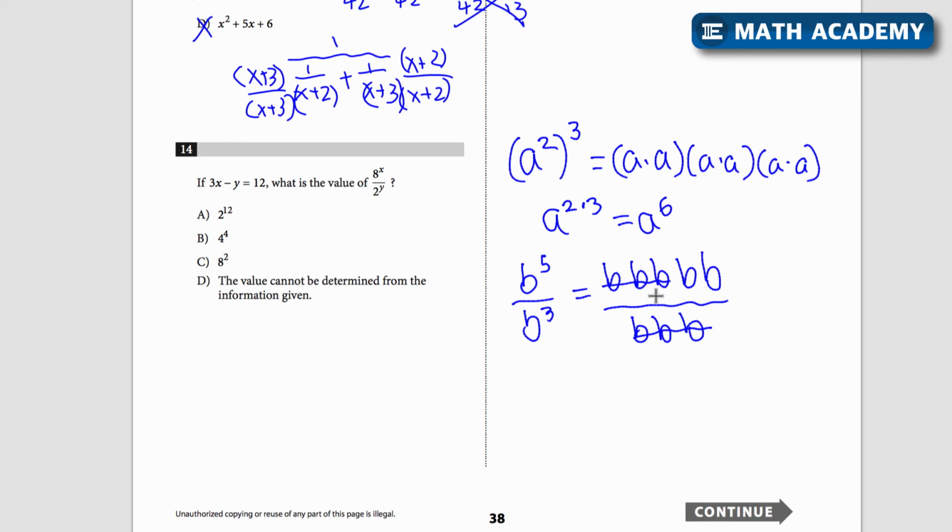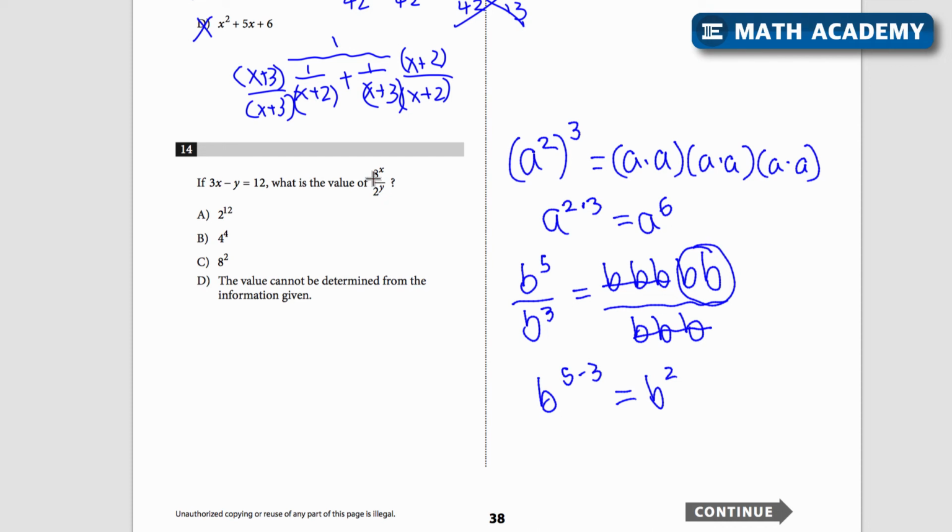So b cubed over b cubed, these cancel out, and I'm left with b times b. How do these exponents combine? Well, this is really b to the 5 minus 3, because I've gotten rid of how many were in the denominator in the numerator as well. So that's going to be b squared. Right there's my b squared. So we'll use these two rules in solving this problem.